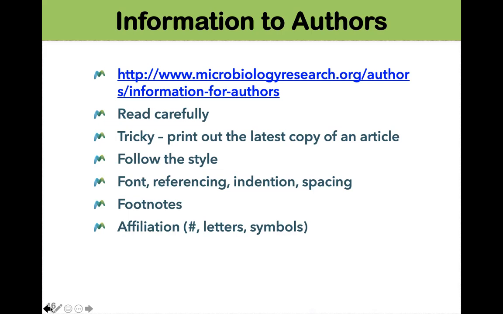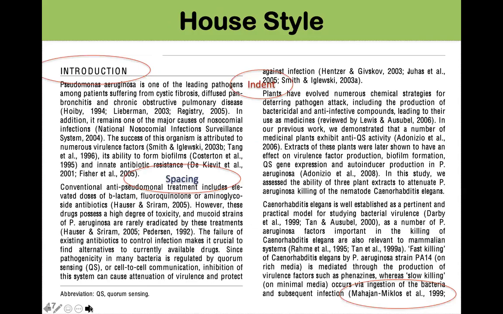They'll tell you whether it should be 1.5 or 2 spacing. They will tell you what the margins are around the document, and whether footnotes are allowed or not. And they also will exactly tell you how to put your affiliation. If you have 10 authors and 5 institutions, the affiliations can be A, B, C, D, or letters or symbols. So you've got to check what the journal requirement is.